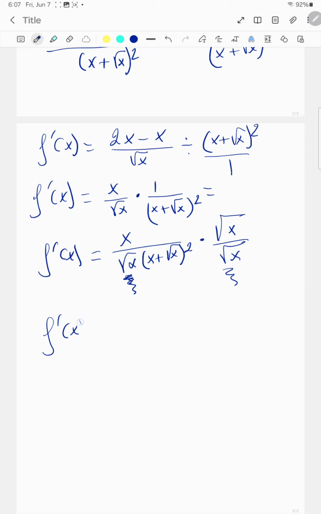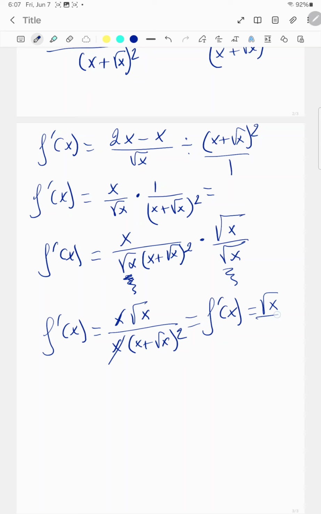So f prime of x is equal x square root of x divided by x plus square root of x square, and this x would simplify. So my f prime of x is equal square root of x divided by x plus square root of x square. So that answer is right.